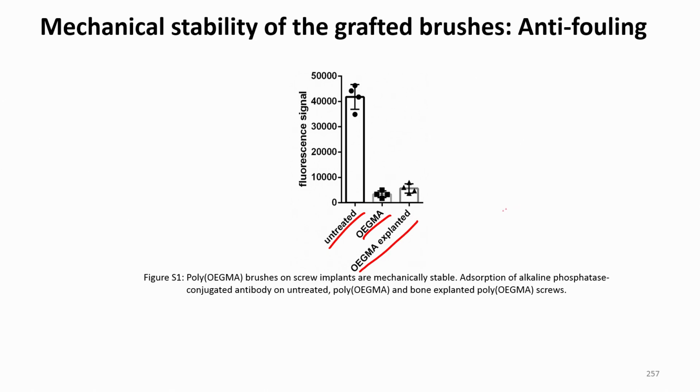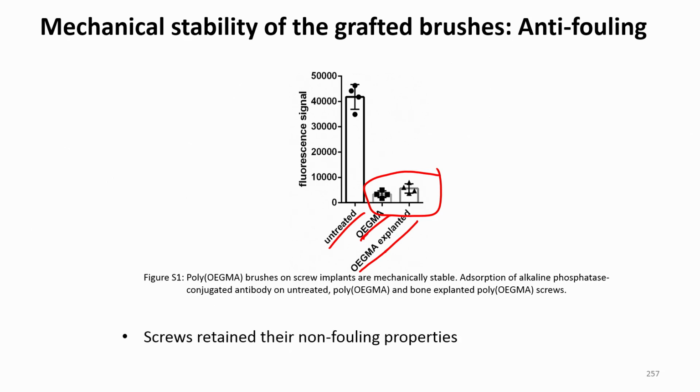There could be all kinds of screwing, pushing and pulling. What they find is that these coatings do survive. They do not see any difference between the original oigma and the oigma that went through the surgery. So, these coatings are fairly stable. In this case they were using screws.